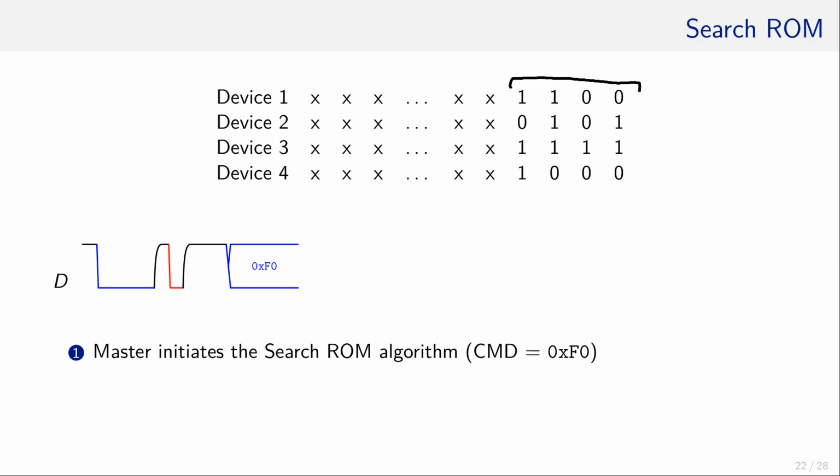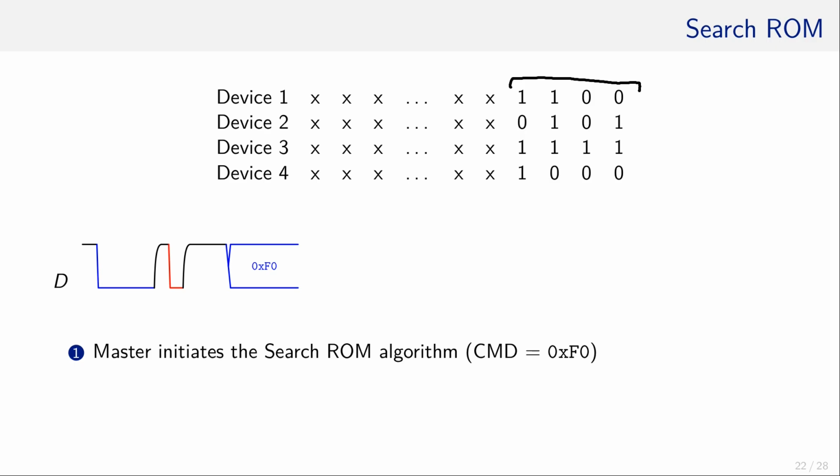As you can see, the master already sent the reset pulse, and the slaves replied with the presence pulse in red. After that, the master issued the Search ROM command, whose bit sequence is F0 in hexadecimal format.